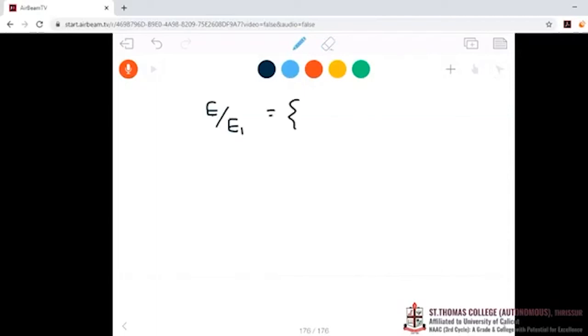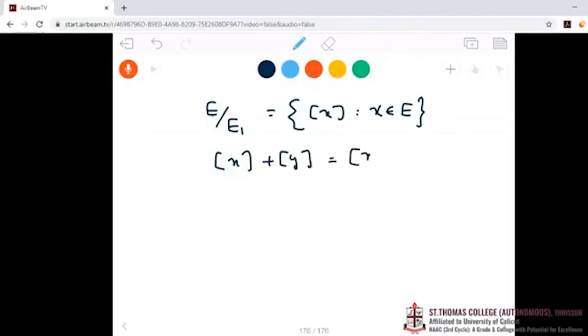This is the set of all class x where x varies over E. And we have already discussed in the last session that we can define a vector addition and a scalar multiplication here such that class x plus class y is equal to class of x plus y, and a scalar c times class x is equal to class of cx.